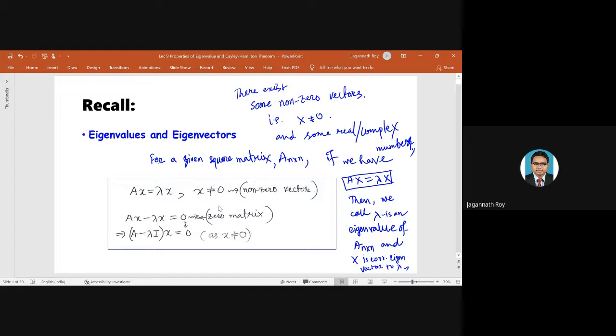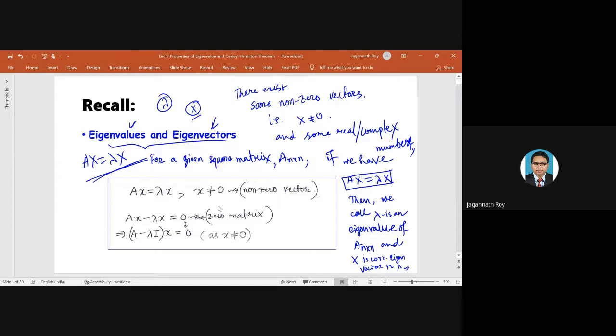Okay, they come together. If you talk about eigenvalue, then you have to talk about eigenvectors also. You cannot say that lambda is an eigenvalue without talking about x. That means it is hidden that there exists some x, for which Ax equals lambda x is satisfied.